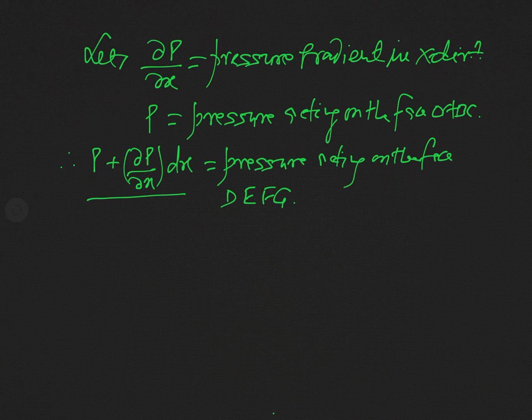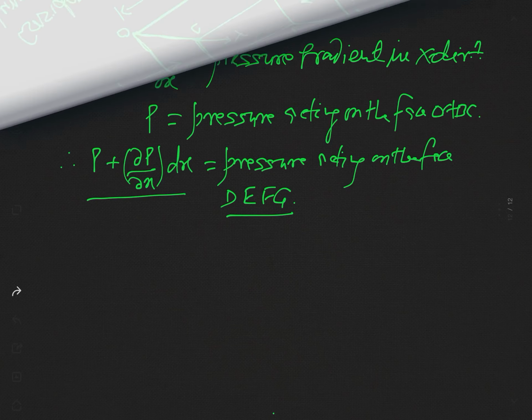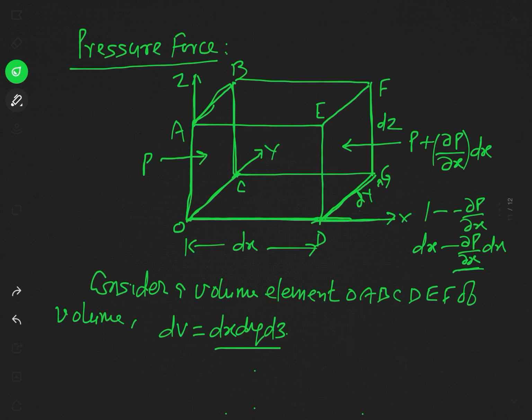So you can see from the figure what will be the net force acting in the direction of the x-axis. You know, we will multiply the pressure by the area of the face OABC or DEFG. In fact, the areas of both of these faces are the same.